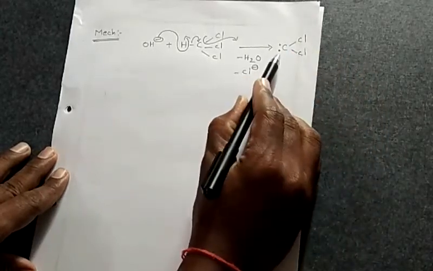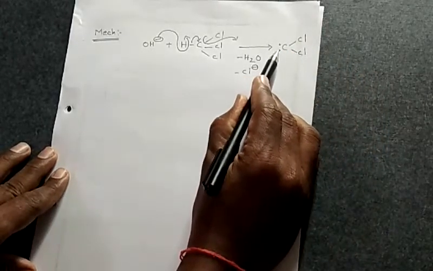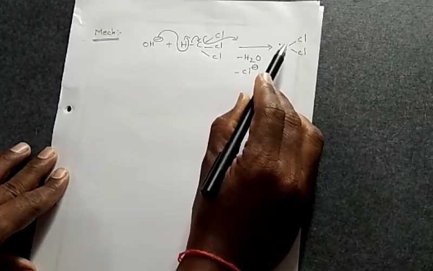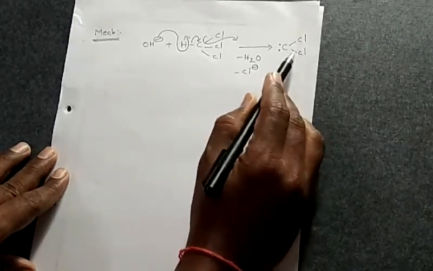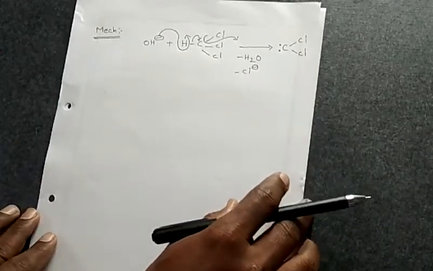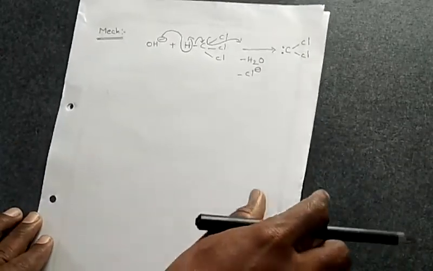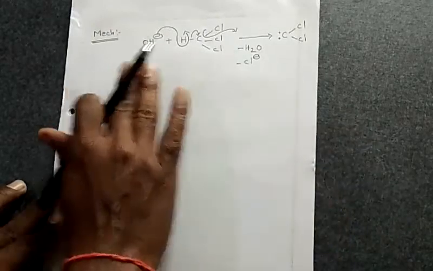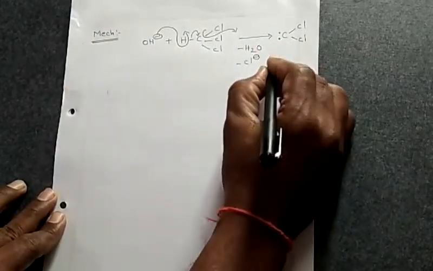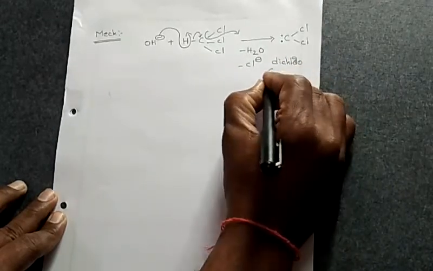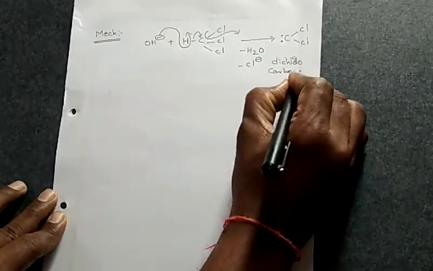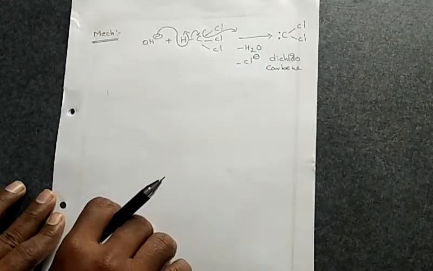A carbene is a reactive intermediate having 2 electrons on a particular carbon. Got it? So dichlorocarbene as intermediate is formed. This is the reactive species. Dichlorocarbene formation is the first step, dear students.